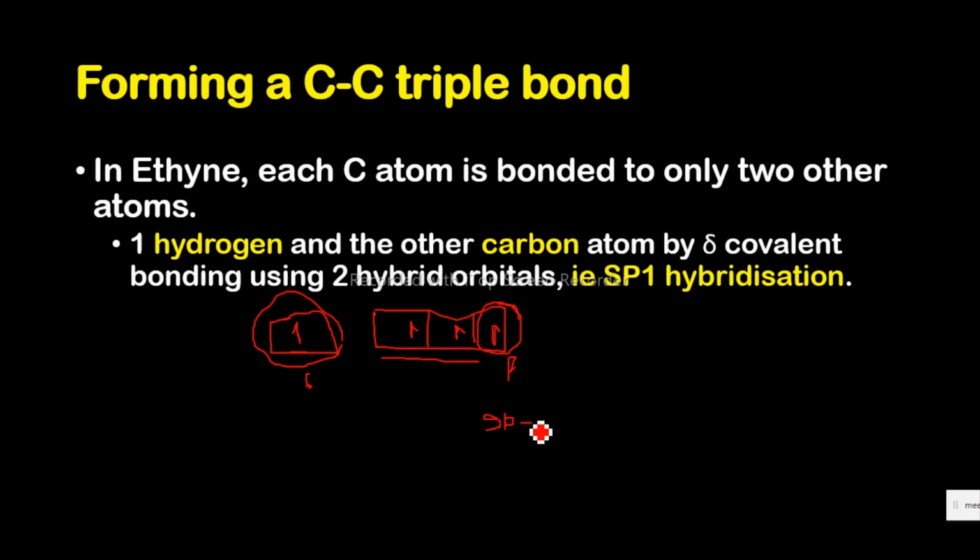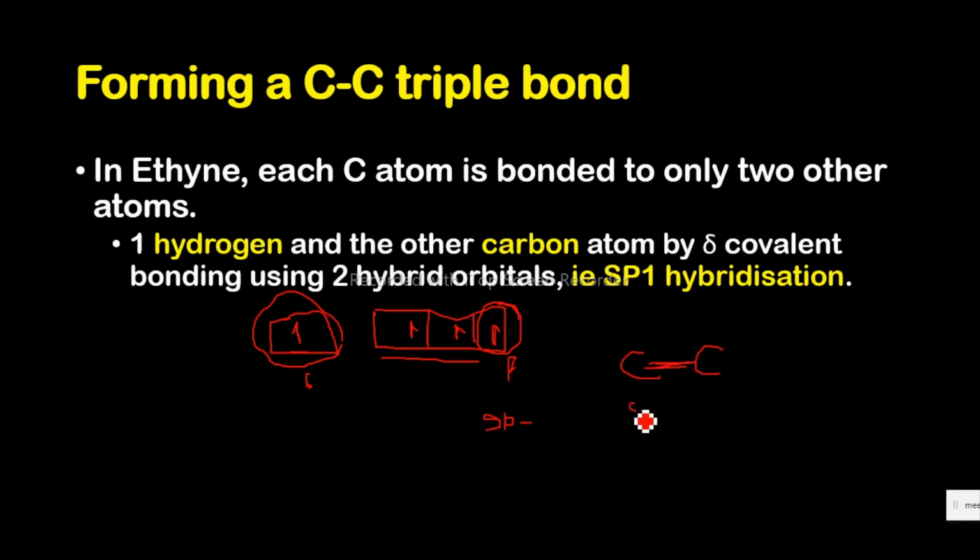Now, if carbon approaches another carbon, it is going to use one of these hybrid orbitals to undergo sigma bonding with another carbon atom.